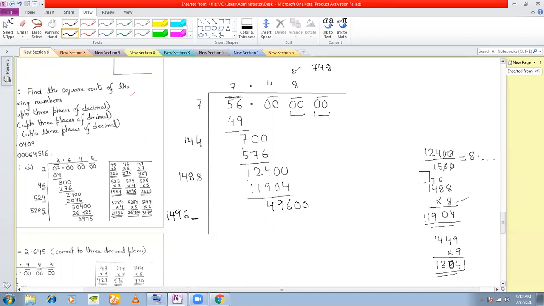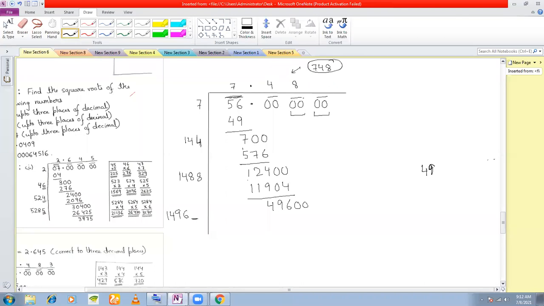First, mentally we put a 0 and check. So here the number is 49,600. How did the 6 come? Double of 748 is how much?